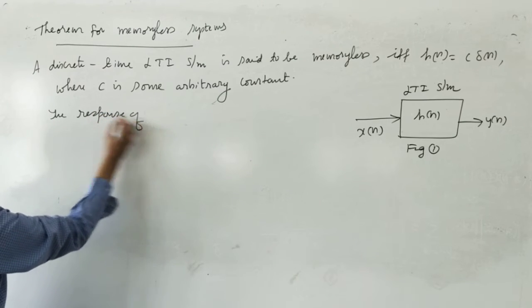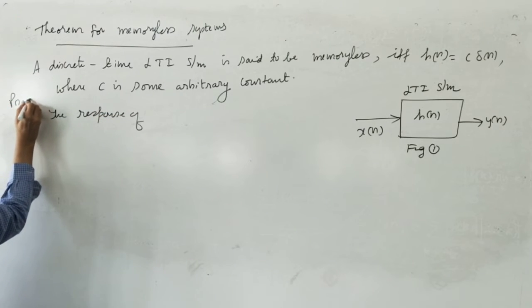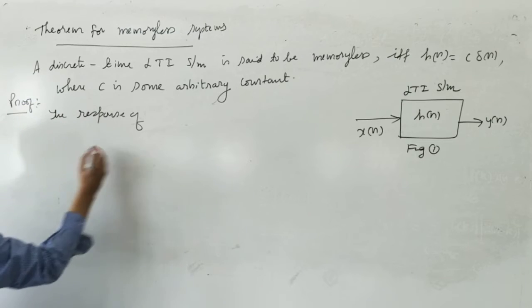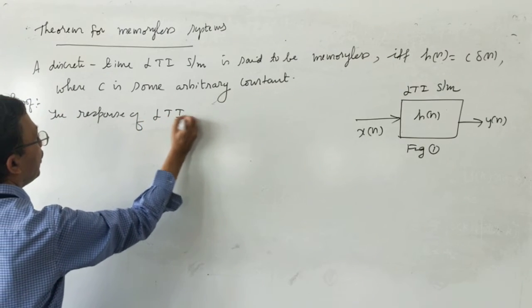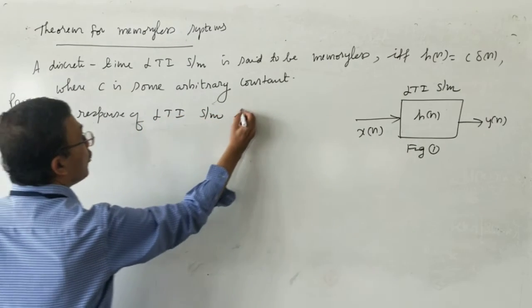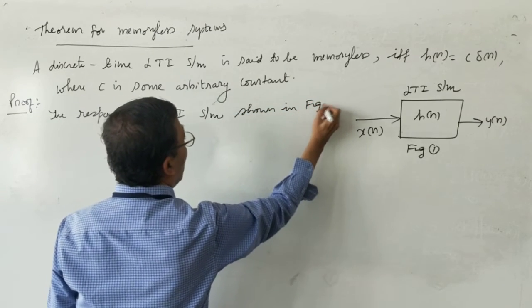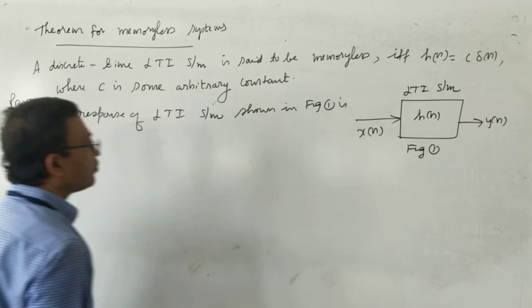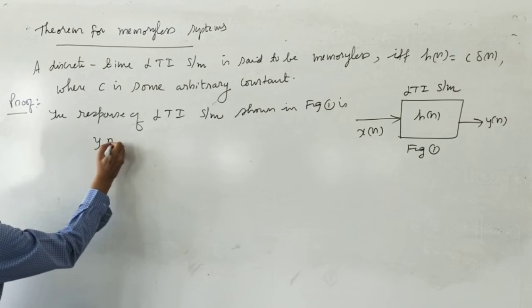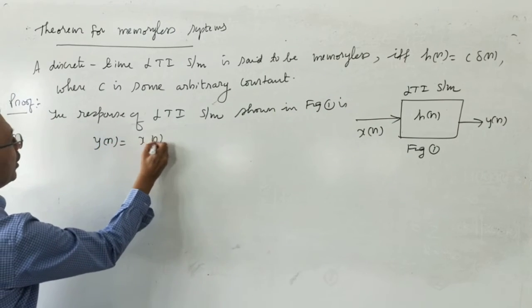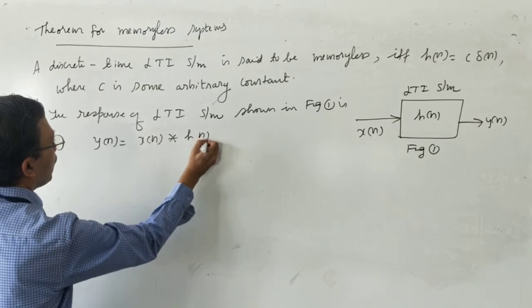Proof: the response of LTI system shown in figure 1 is y of n equals x of n convoluted with h of n.